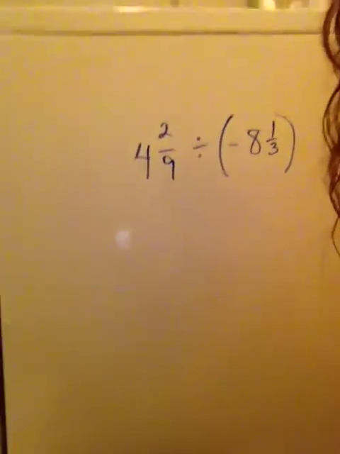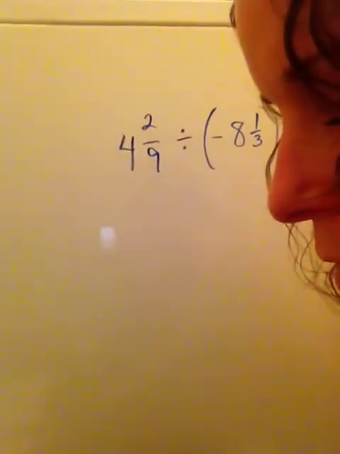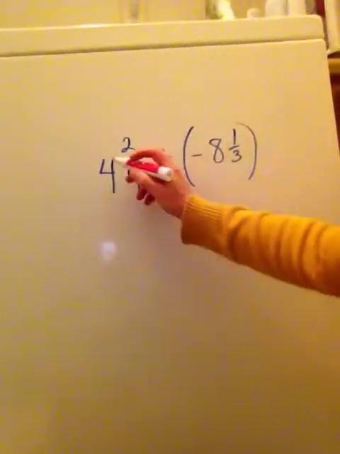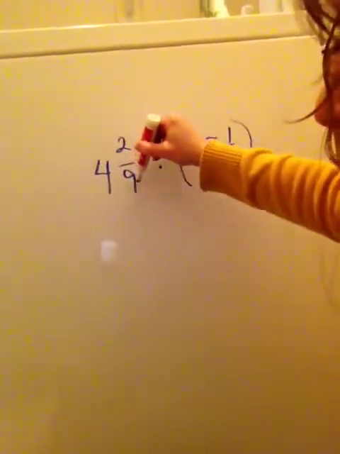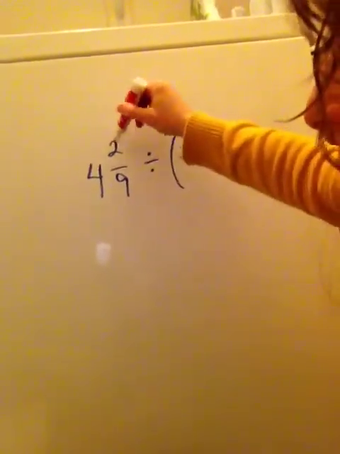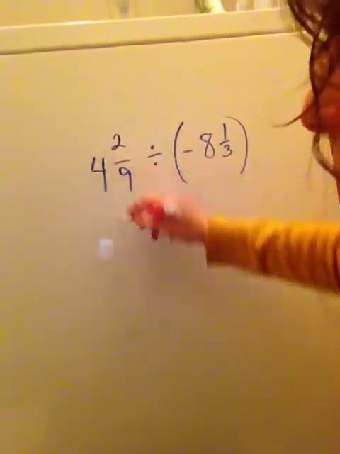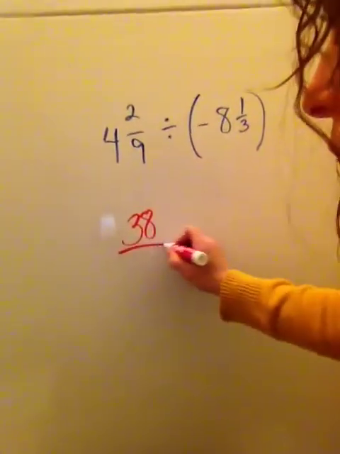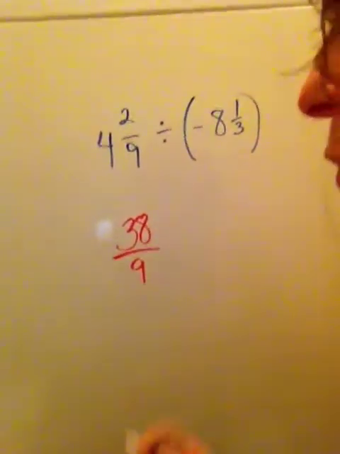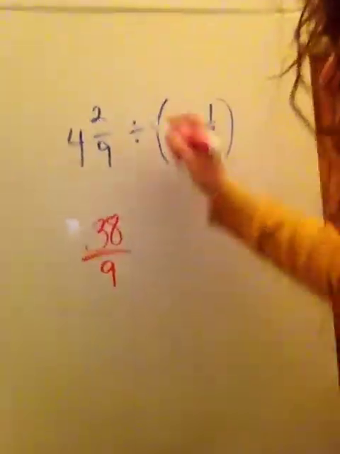Remember, when you're converting from mixed numbers to improper, you multiply your whole number times your denominator and throw it in the top. 4 times 9 is 36. Add it to the top, so we get 38, and you keep the denominator. Remember, we didn't change the size the pieces were cut into, so it stays 9.